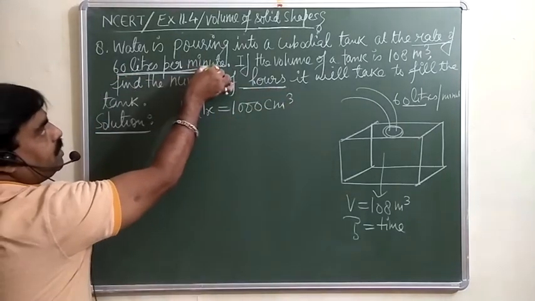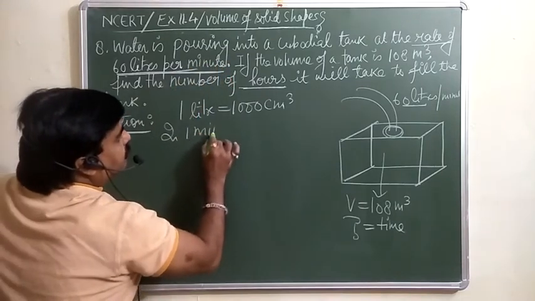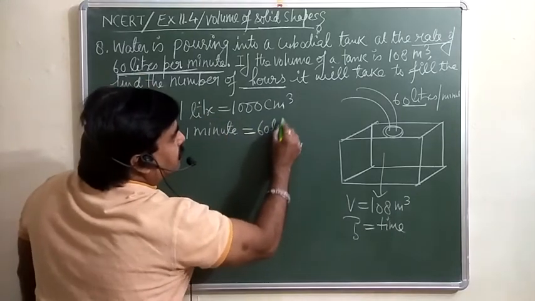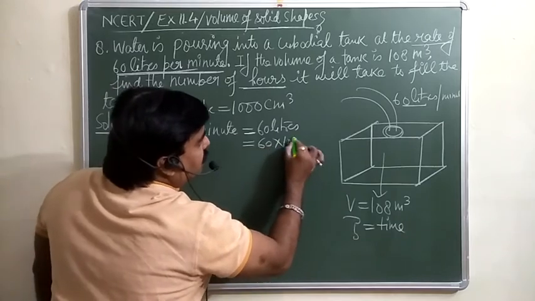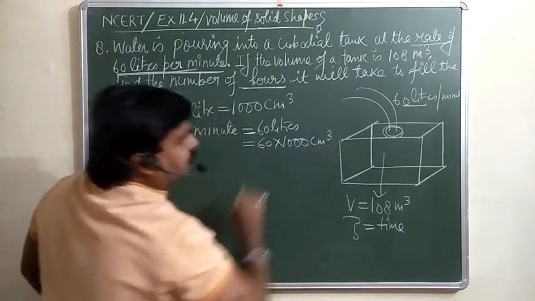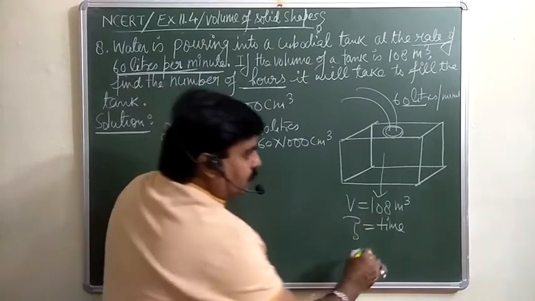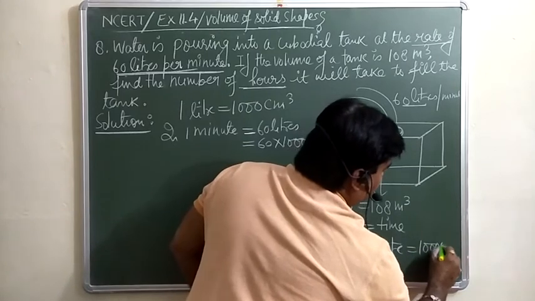तो देखिए speed हमको दिया है in 1 minute. In 1 minute, the water is going to fall, that is 60 liters, or you can say 60 into 1000 centimeter cube. We are going to change into the centimeter cube because we know that 1 liter is equal to 1000 centimeter cube.